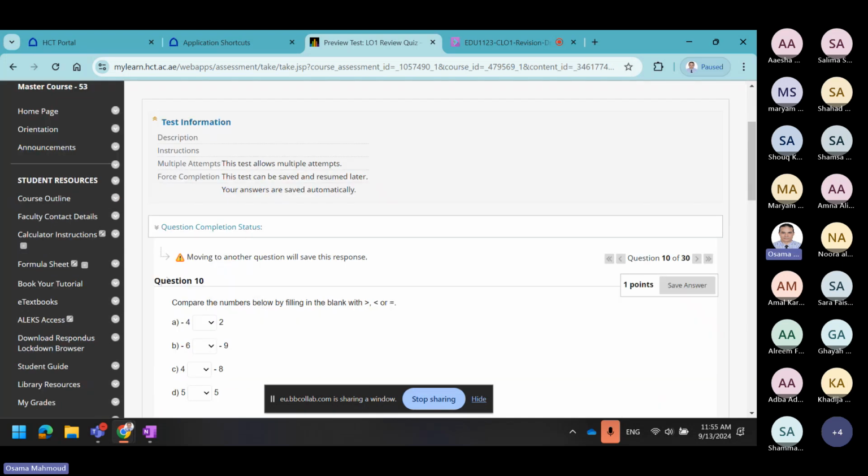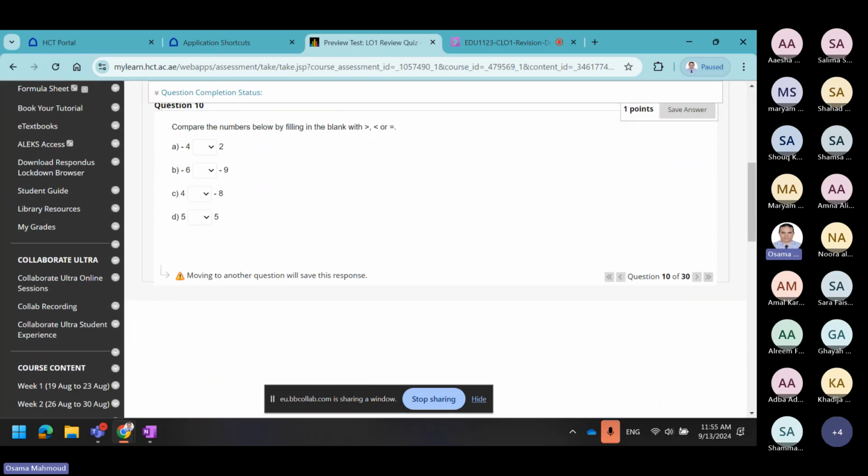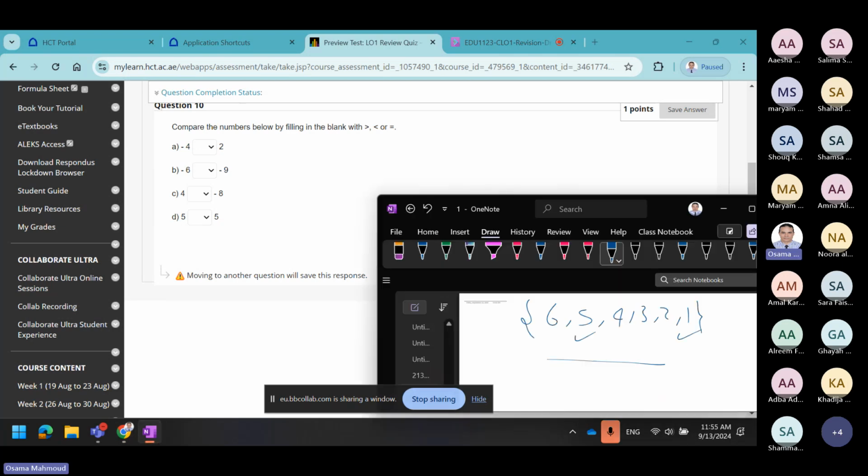Now, let's go for this one. Compare, yeah, it's easy because I know the real line. In the real line, I know anything to the left is smaller. So -4 is to the left of 2, so -4 is less than 2. Okay, -6 is to the right of -9, so -6 is bigger than -9, right?